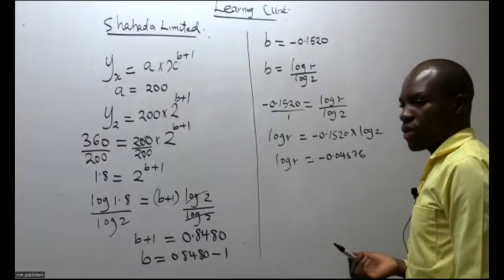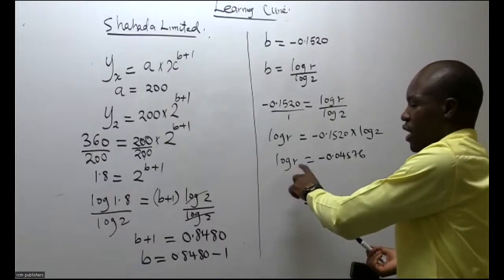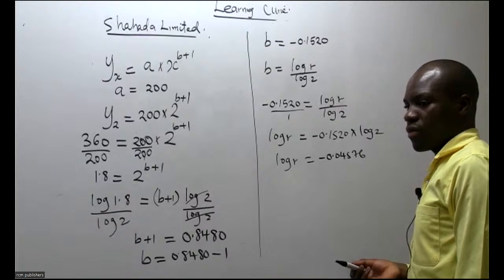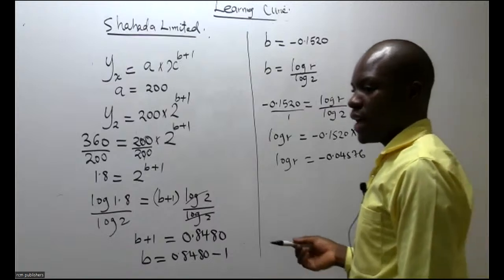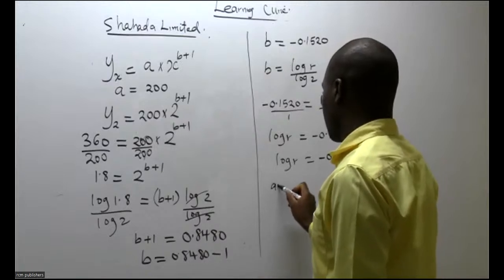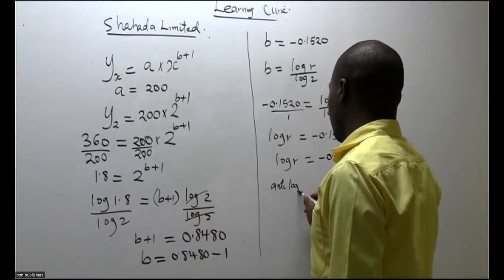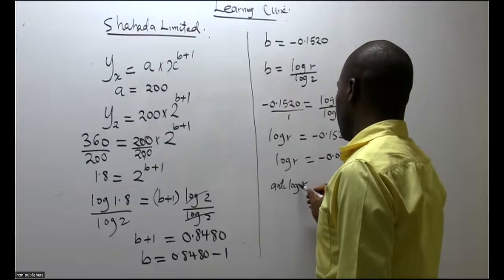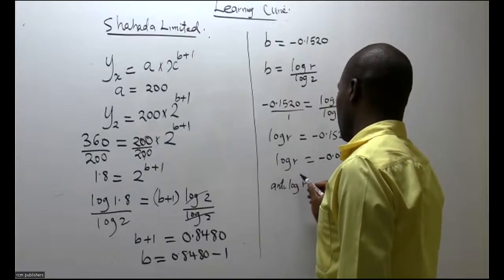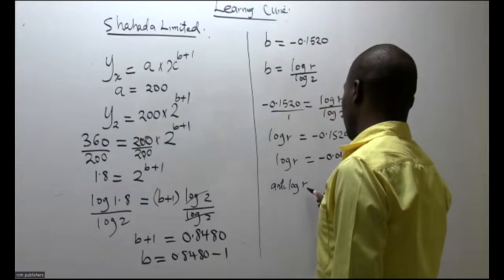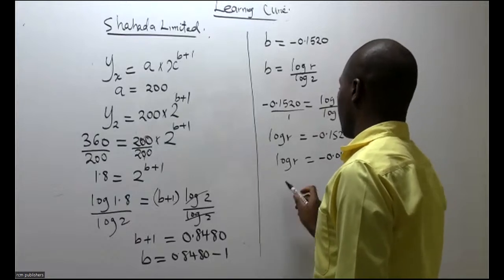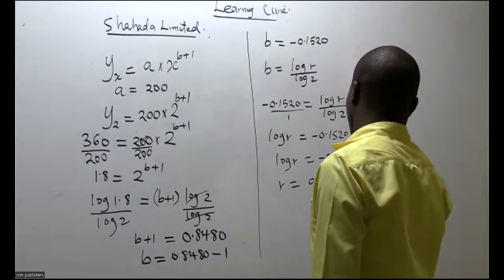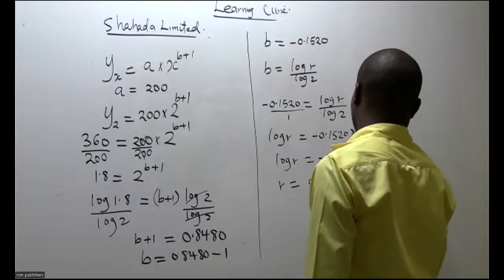What do I do? If I want to get R now, not log R, what do I do? I need to get the anti-log. Divide both sides by the anti-log, and you'll be able to get your R. So R is equivalent to anti-log of negative 0.04576.